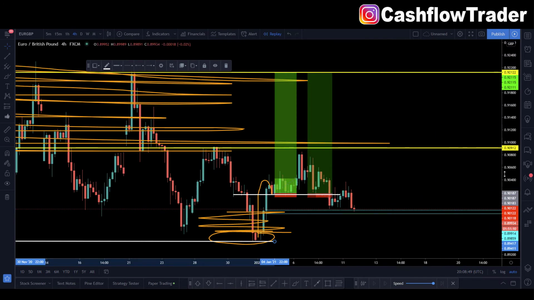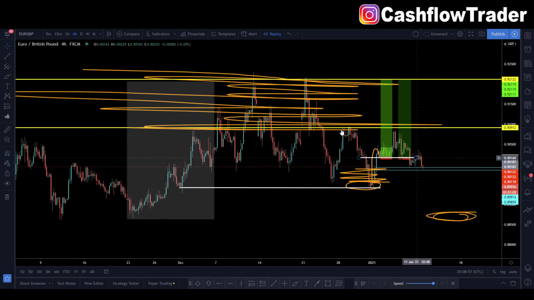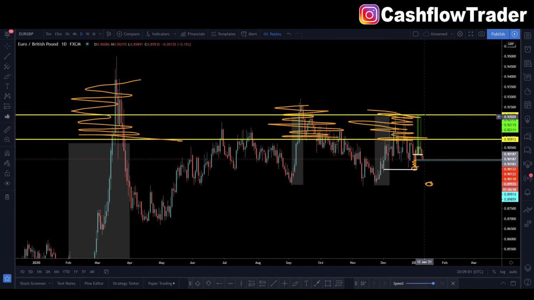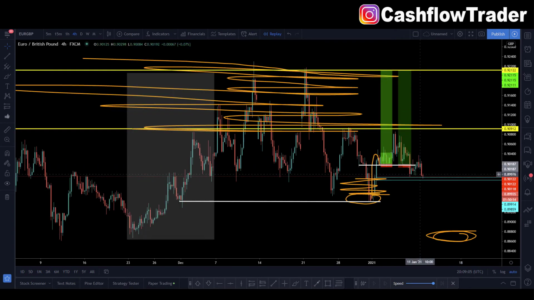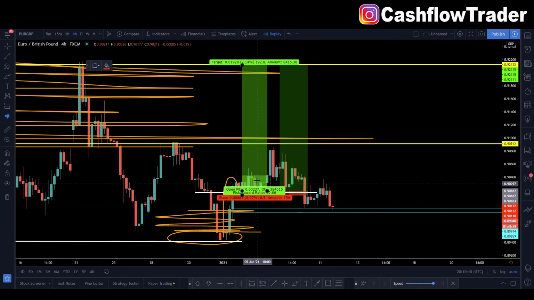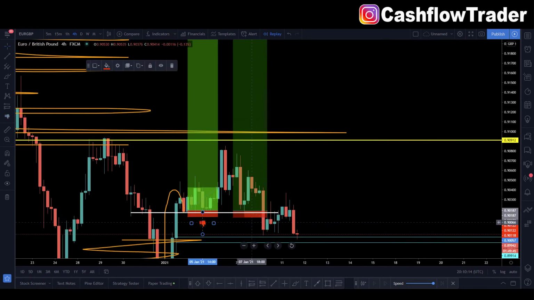Let's go back to 4 hours. Quickly rejected, took off from there, and I thought it would continue to go to at least these highs here, which was wrong. So therefore these two trades are a bust.